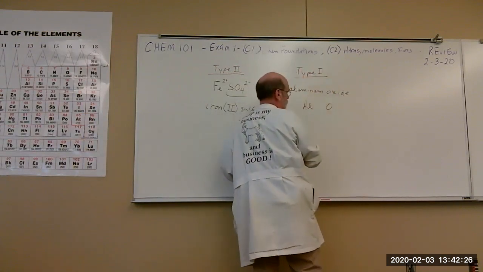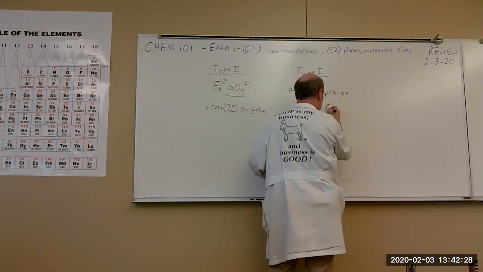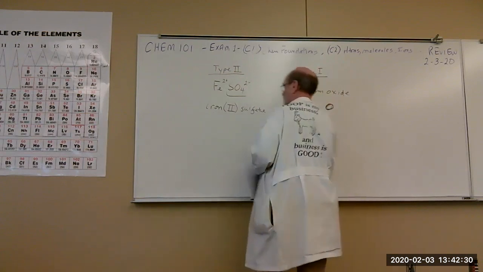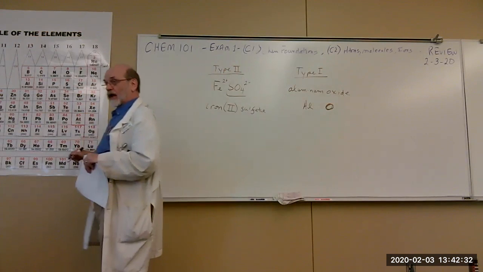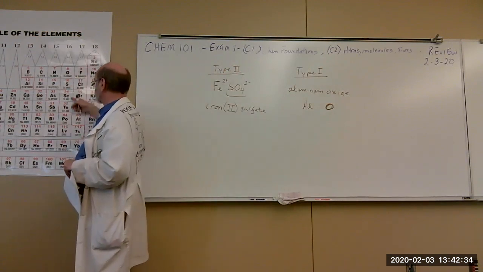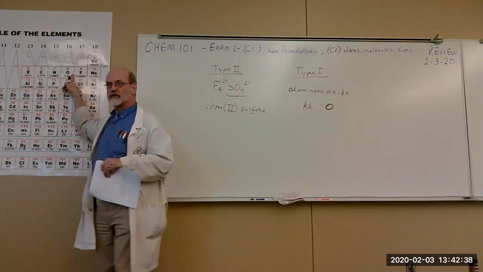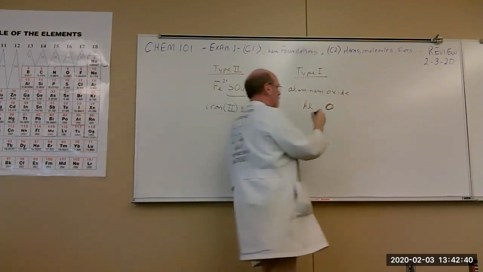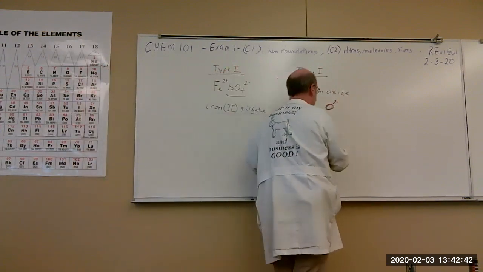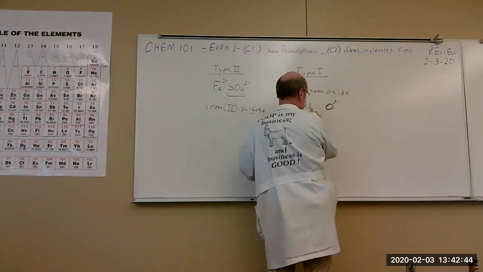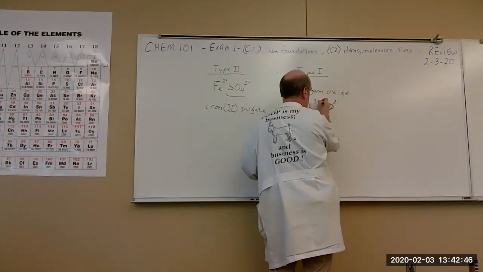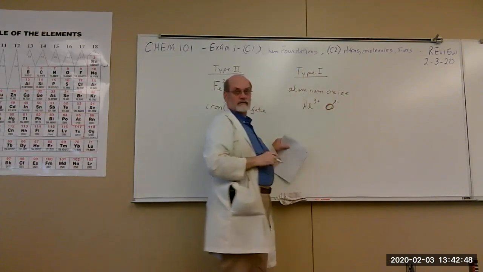Right? So now all we have to do is say, what's the charge on oxygen? In ionic compounds, these are -2. -1, -2. So that means that one has to be balanced by this fixed charge of 3 plus, right?